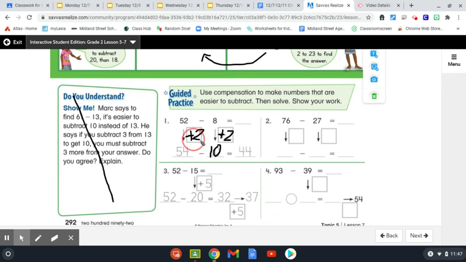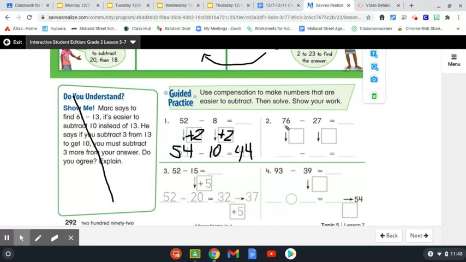So we add 2. 52 plus 2 is 54. 54 subtract 10 is 44. You can pick any number that you would like at home, whatever makes this equation easiest for you to solve.